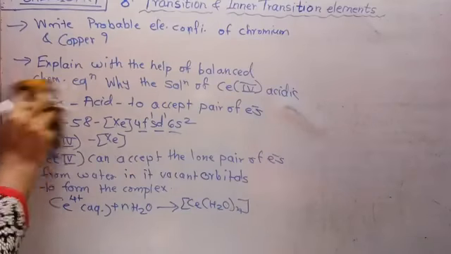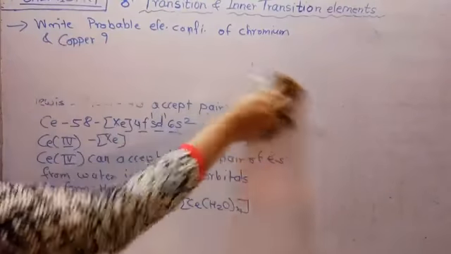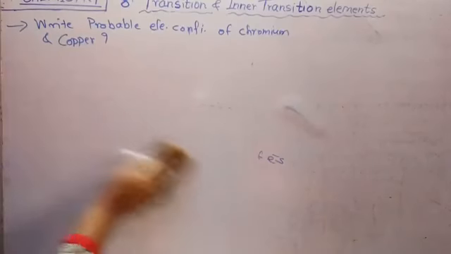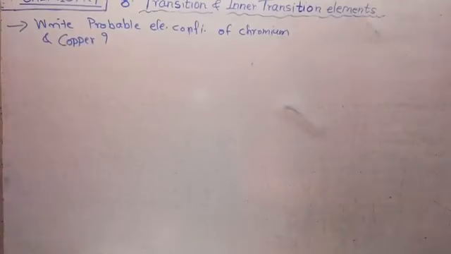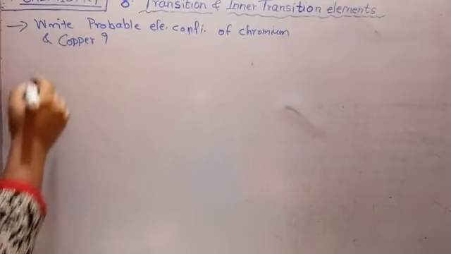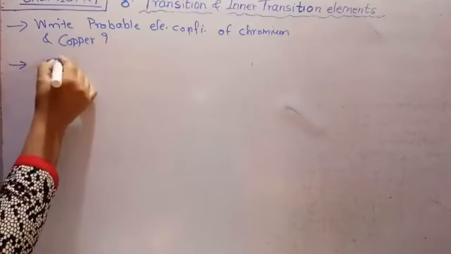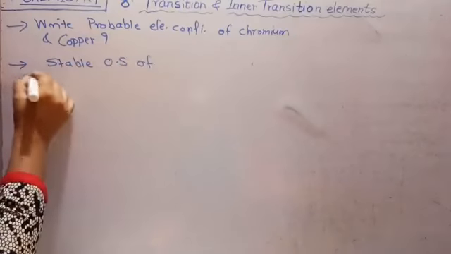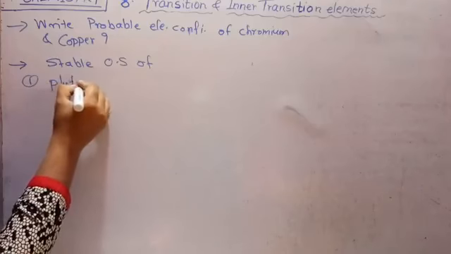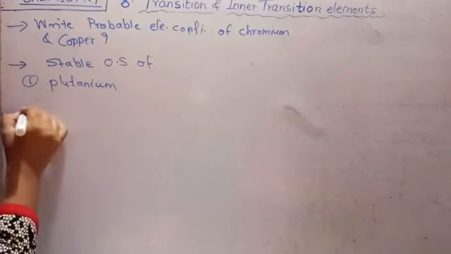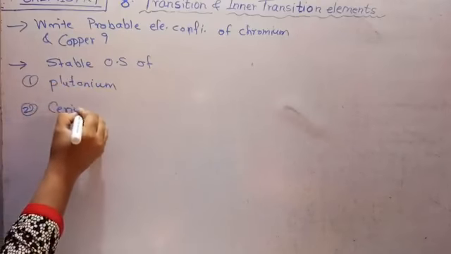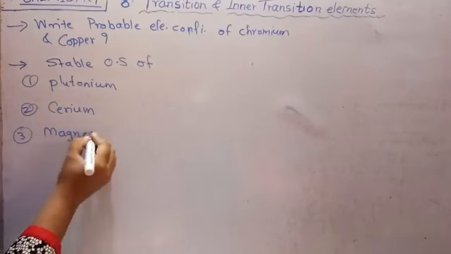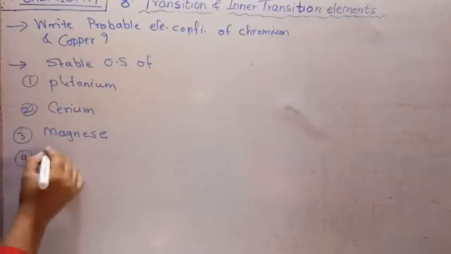Then there is the next question. What are the stable oxidation states of first plutonium, second cerium, third manganese, and fourth europium.